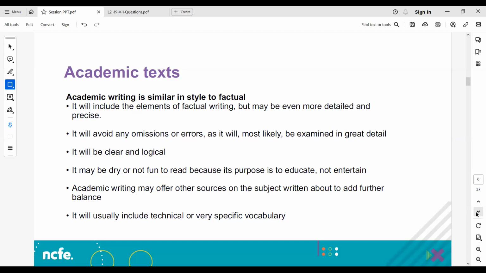So if we use the example of what I've just said about a possibly forthcoming general election, a magazine article about that, for instance, might focus on maybe how young people are going to vote in the general election.